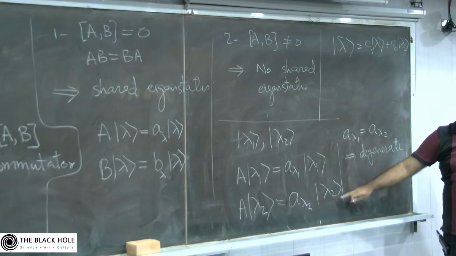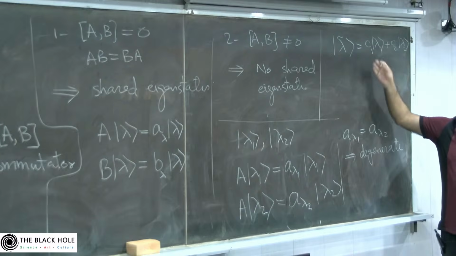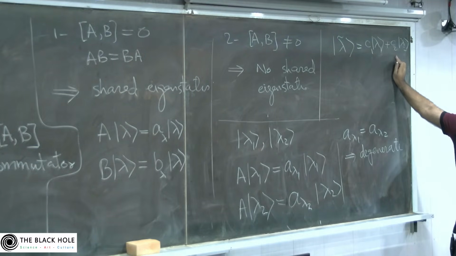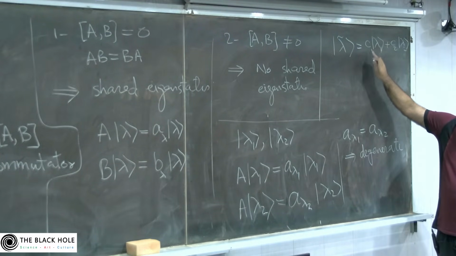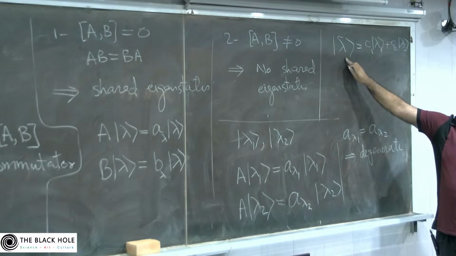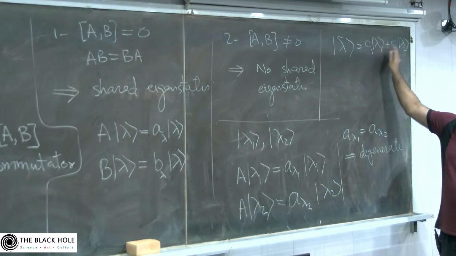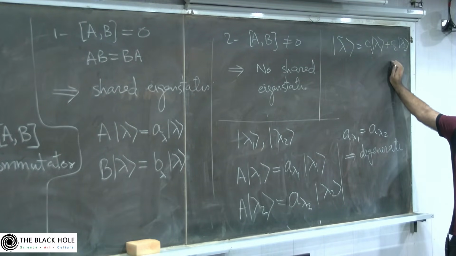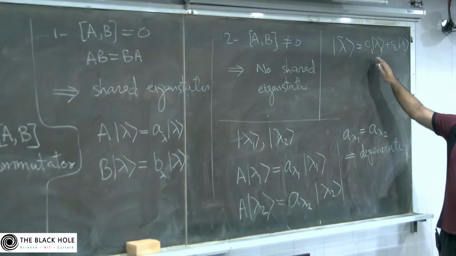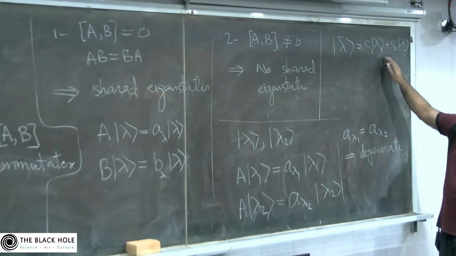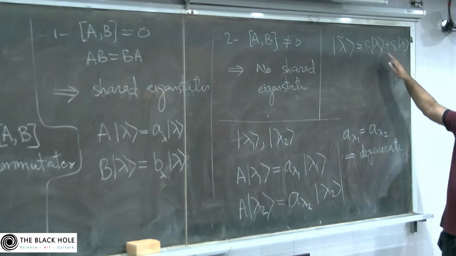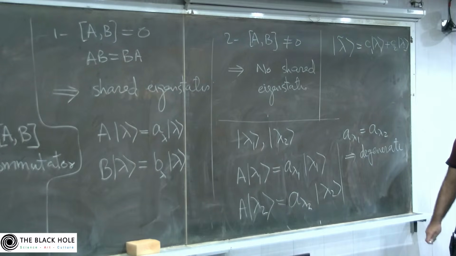Suppose these are orthogonal and it's easy to write this. So C1 and C2 are the projections of our proposed state onto these two. Okay, so this is a linear combination. We can basically create or build another state out of these two. And these two are degenerate.